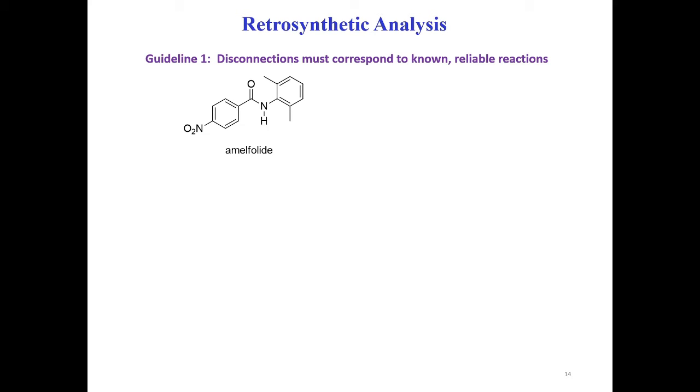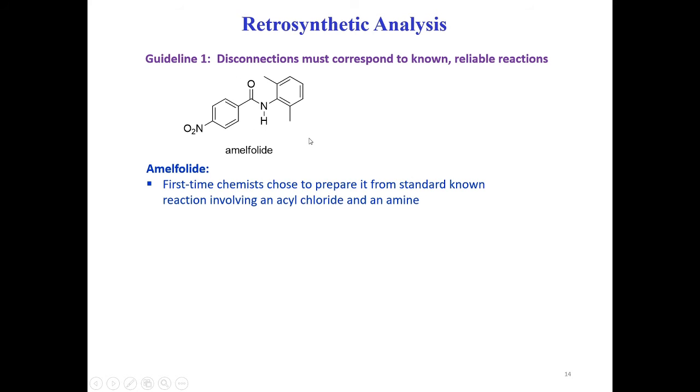For example, consider this amyl folate molecule, the target molecule. When you spot this molecule, you can see an amide bond. When the chemist first made this molecule, they chose to prepare it from a very standard known procedure which involves an acid chloride and an amine.